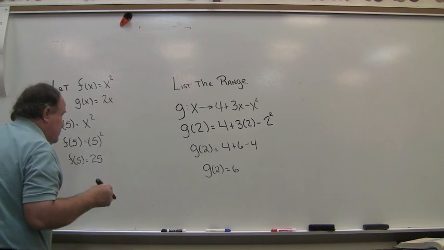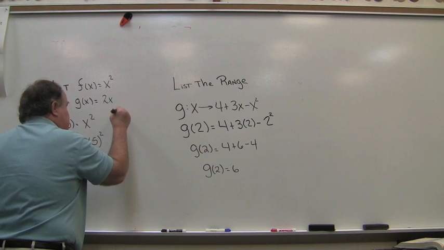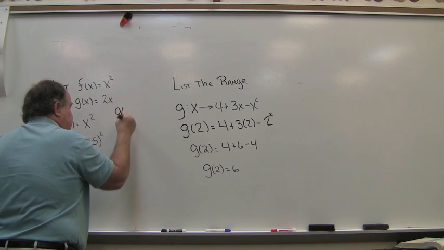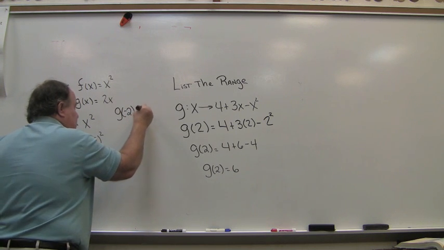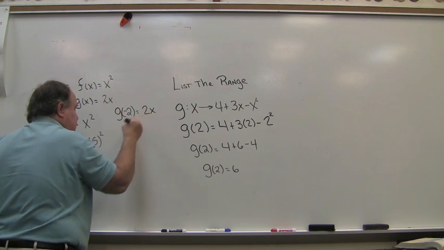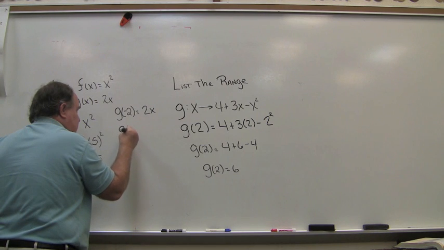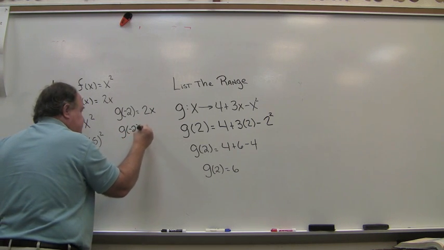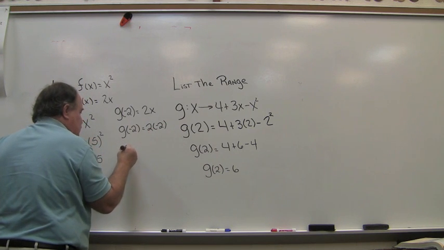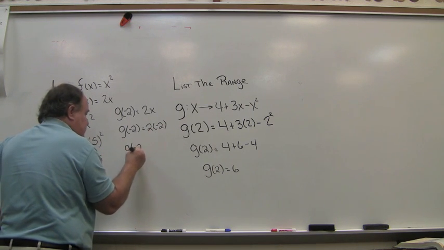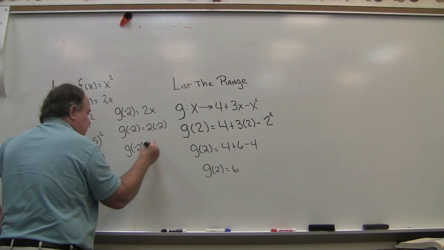Now let's look at g. Let's say we had g of negative 2. What is g of negative 2? Well, we take our equation and we stick in negative 2. 2 times negative 2. So g of negative 2 would equal negative 4.